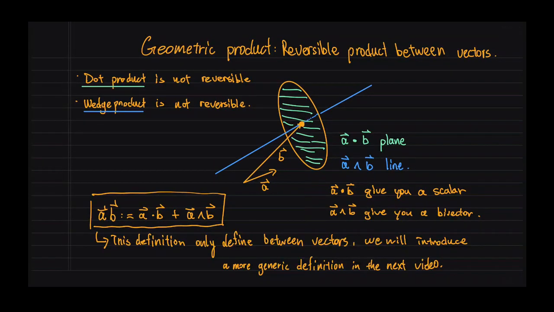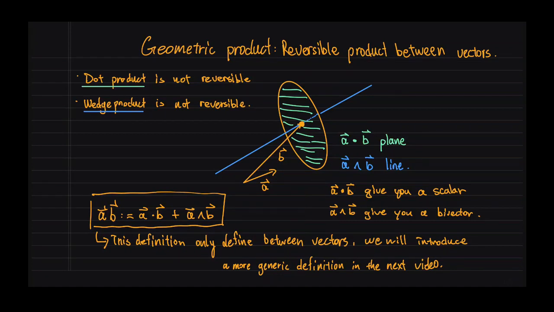Keep in mind that this definition only defines the product between a vector and a vector. What happens if we want the geometric product of a bivector and a vector? This is not defined here. This definition only works between vectors.